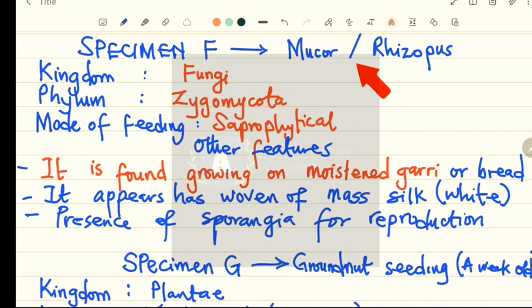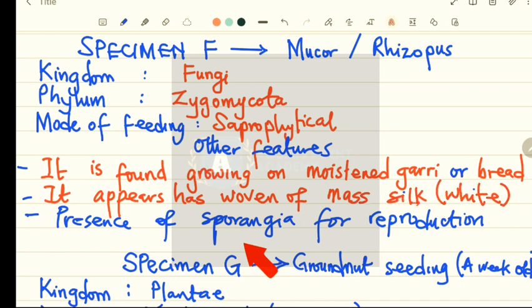Okay, the other feature you need to know about mucor is that it is found growing on moistened gari, eba, as it is called in some parts of Africa, or you can also grow on moistened birch. It appears as a woven mass of silk white thread.